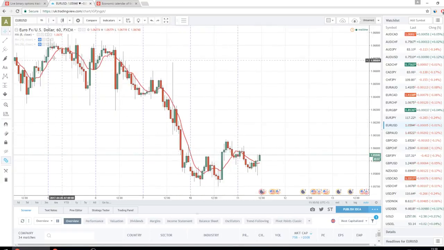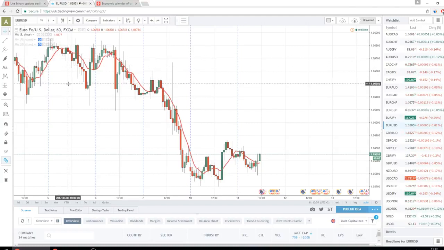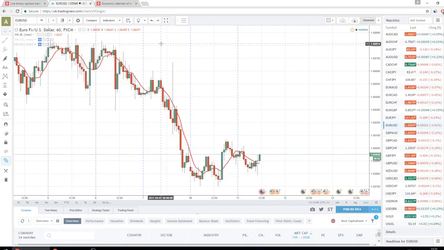Here the moving average shows us the trend, and that's the key function of this indicator. Most traders who trade following the trend like this indicator, because it shows the direction. And as I told you, this is a lagging indicator, so it doesn't predict the next movement, but it tells you what was before.